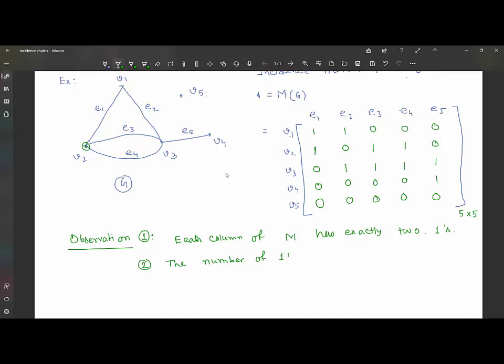So the number of ones in each row is equal to the degree of the corresponding vertex.